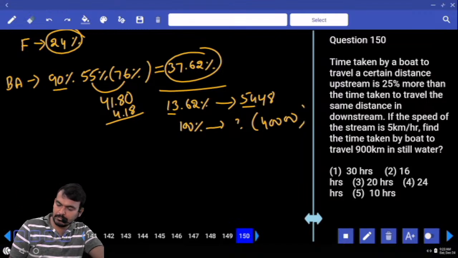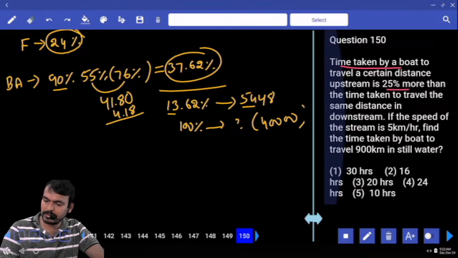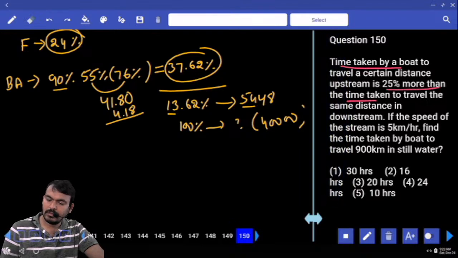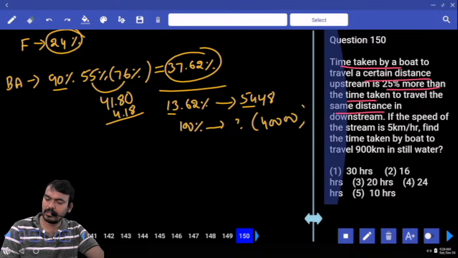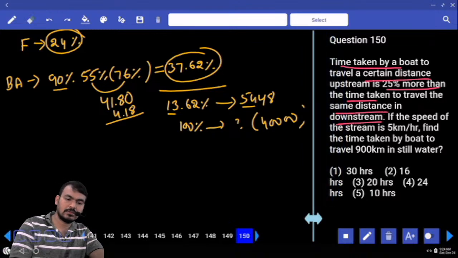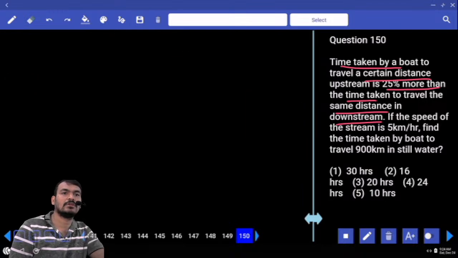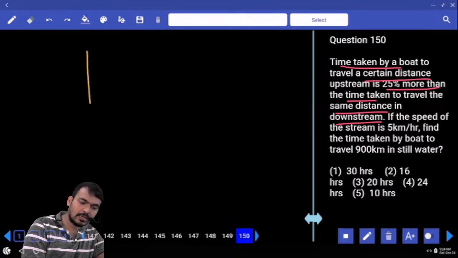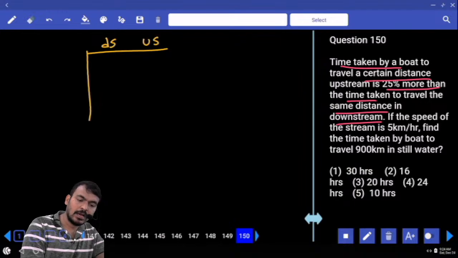Here, upstream time is 25% more than which one? Downstream time. But in both cases, is equal distance covered or different distance? Equal distance. Means distance is constant.